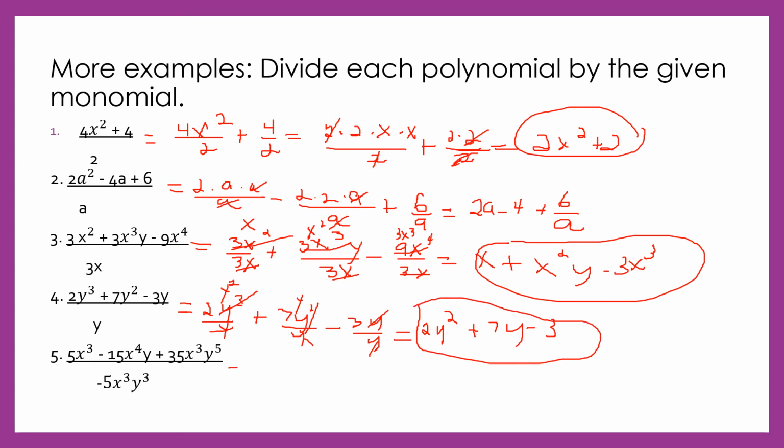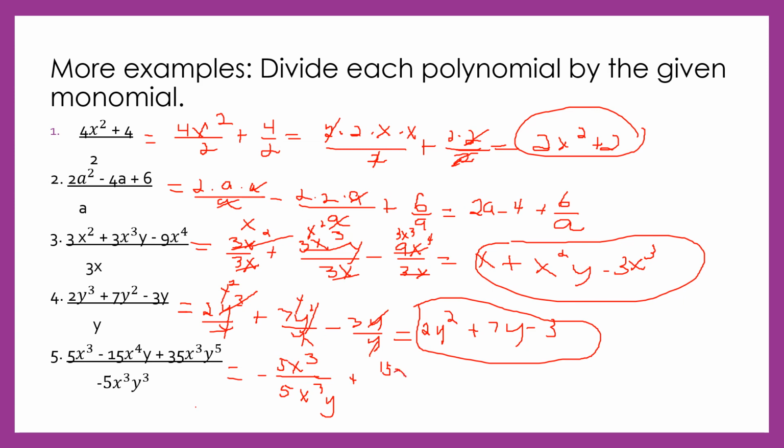Next number. We have negative 5x cubed over 5x cubed y, minus 15, plus, we make it plus.